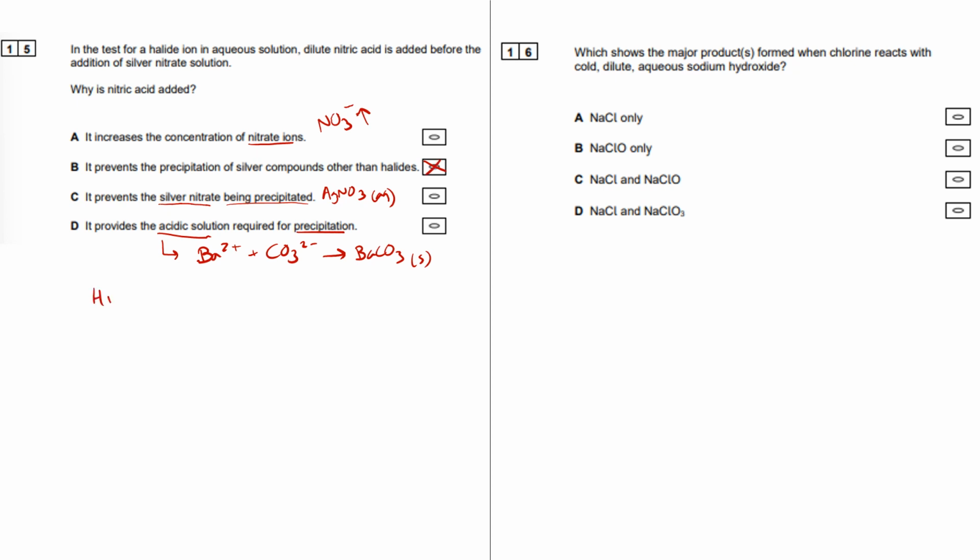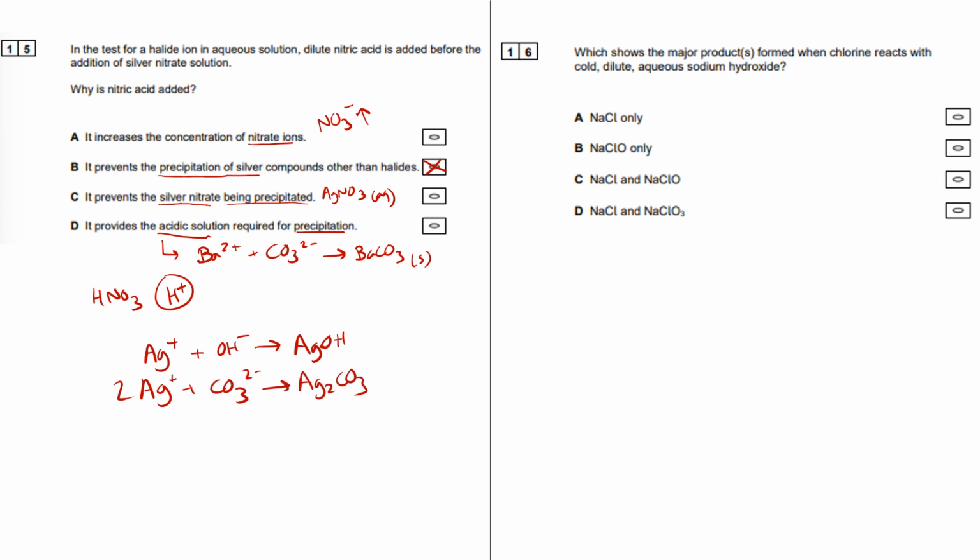So when you add an acid, it provides hydrogen ions. The hydrogen ions will react with anything that would precipitate with silver. For example, silver would form a precipitate with hydroxide ions. Silver would also form a precipitate with carbonate ions, which would have these two formulae here.